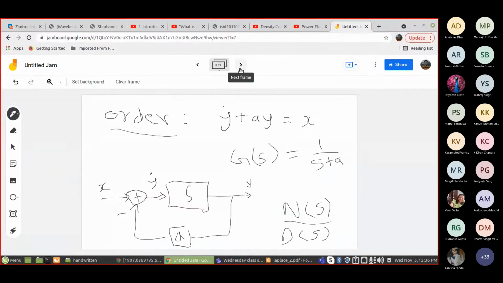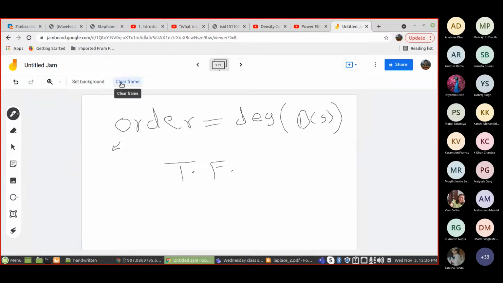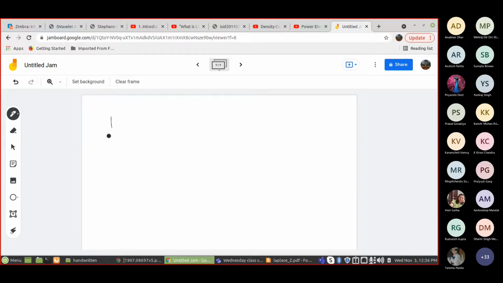One more thing to notice. Rational functions are realizable. In other words, you can build a real life system which has a rational transfer function.